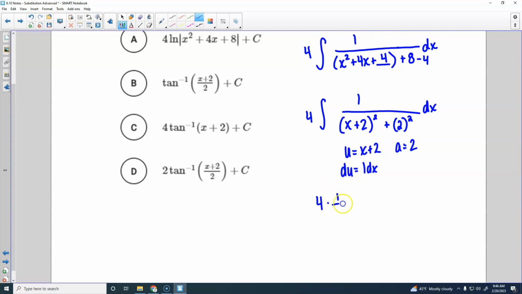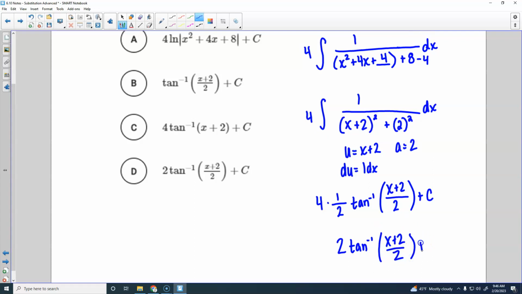We're going to do 1 over a, so 1/2 inverse tangent of u, which is x plus 2, over a, which is 2, plus c. And so half of 4 is going to give us 2 inverse tangent of x plus 2 over 2 plus c.